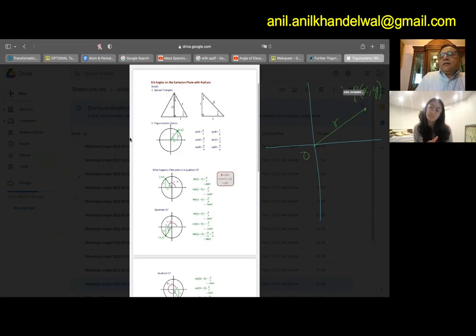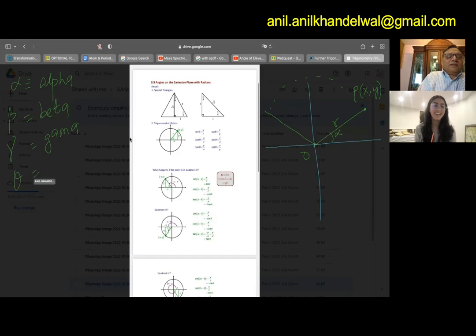And if I rotate this and come to this quadrant so that I make an angle, let's call this angle alpha. You understand this alpha angle? You remember this alpha, beta? We haven't used that notation yet, but we'll use that. Let's write down gamma. I know gamma.